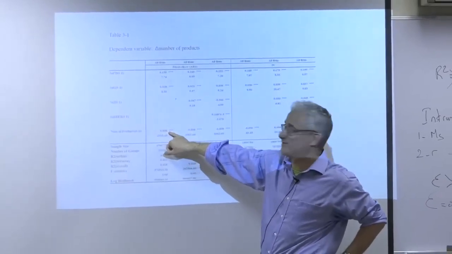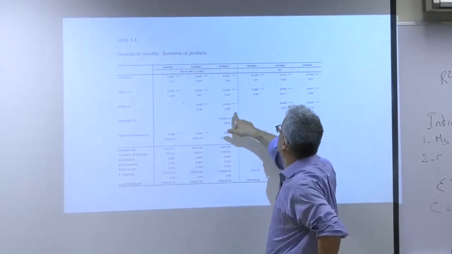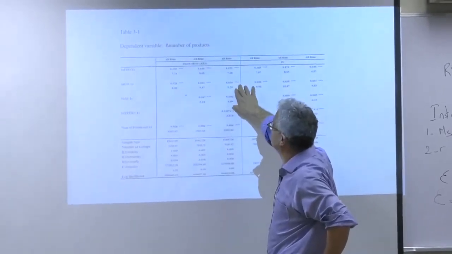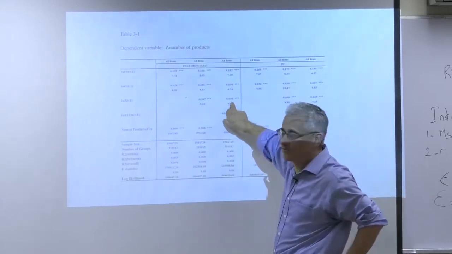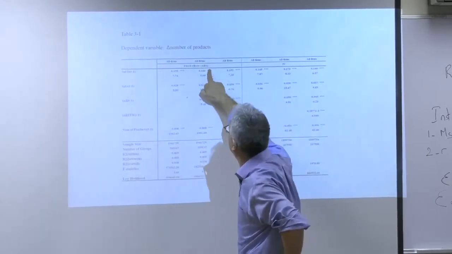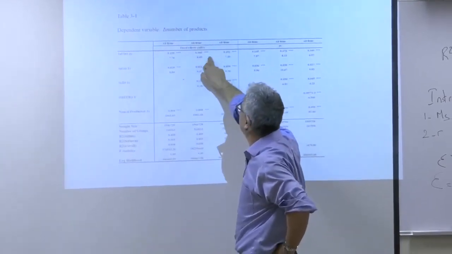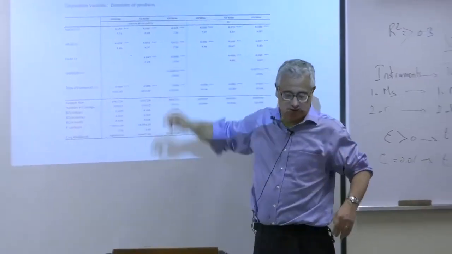It's diminishing returns to scale, so that holds. Government demand is important. This TFP comes in as a negative. It has the wrong sign, and the largest coefficient is foreign demand in terms of changing the number of products.